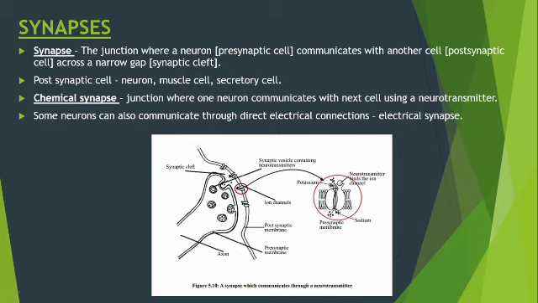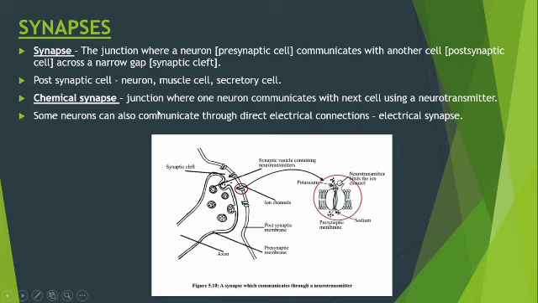And synapses. A synapse is a junction where a presynaptic cell communicates with another cell, called the postsynaptic cell, across a narrow gap called the synaptic cleft. Postsynaptic cells are neurons, muscle cells, and secretory cells.